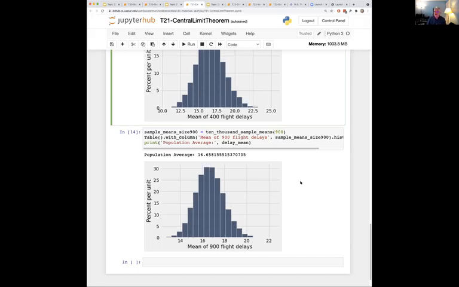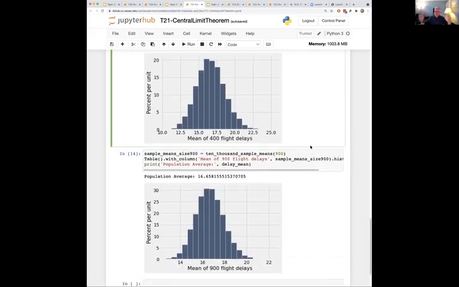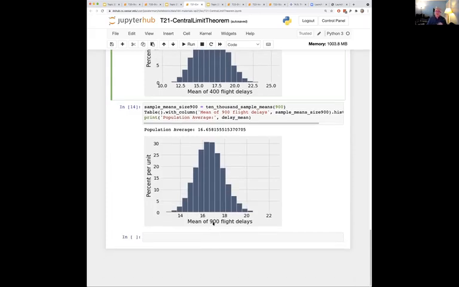And there seems to be some sense of diminishing returns. As the sampling goes up, we're getting narrower, but less and less narrow from there. So there might be a limit to how much sampling can narrow the standard deviation of our distribution. Okay, so those are the takeaways from that.